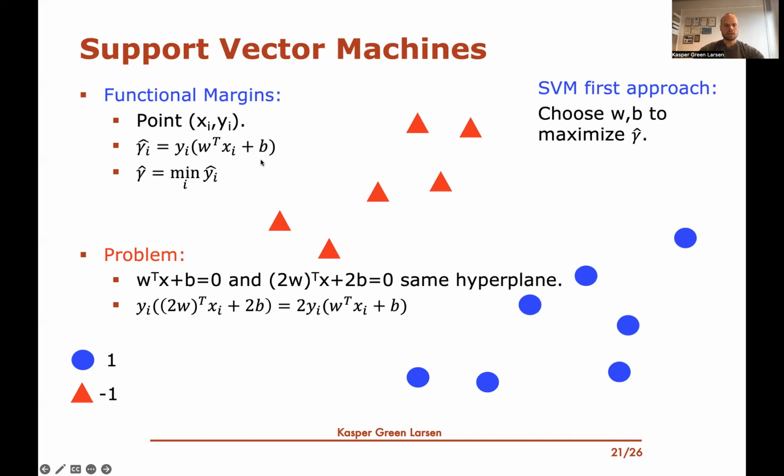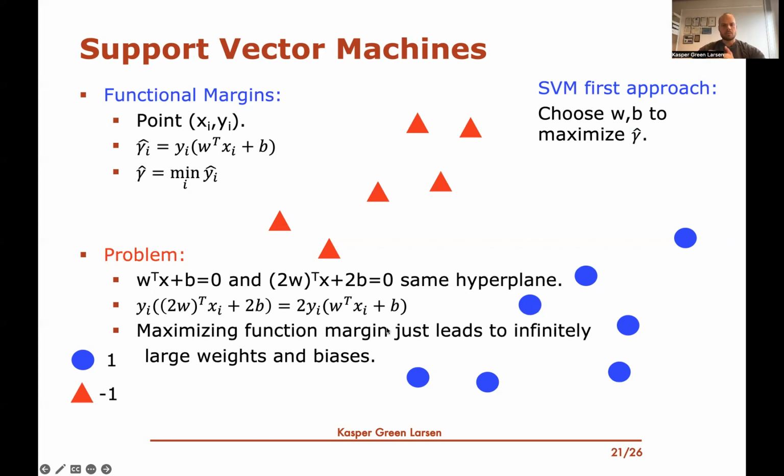But if you look at the functional margin on a training example, if I scale up W by a factor 2 and scale up the bias by a factor 2, I can pull the factor 2 outside. And what I've just done is increased the functional margin by a factor of 2, which means that if I'm trying to maximize the function margin, the optimization algorithm is just going to put infinitely large weights on it, right?